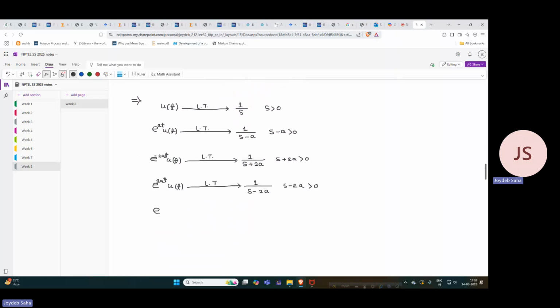And e to the power minus t u(t), its Laplace transform will be 1 upon s plus a, that is s plus 1, because here a is 1, right?